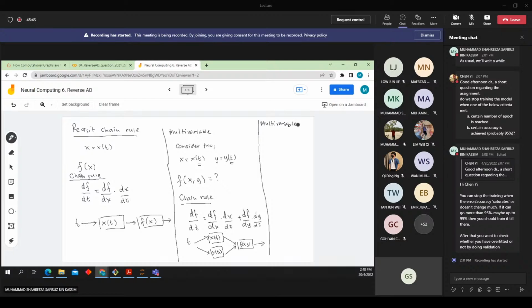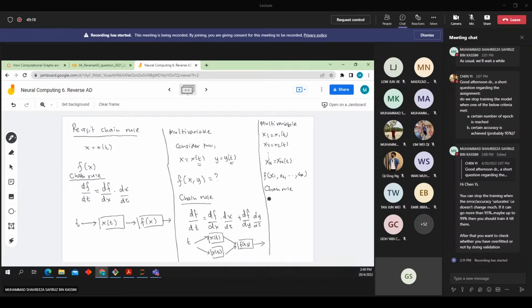What if you have lots of variables, x1, x2, and so on? x1 equals x1 of t, x2 equals x2 of t, and so on, maybe 1,000 or 10,000 of them, up to xn of t, and you have a function f which takes all of the input variables x1, x2, up to xn. Then the chain rule also applies in this manner.